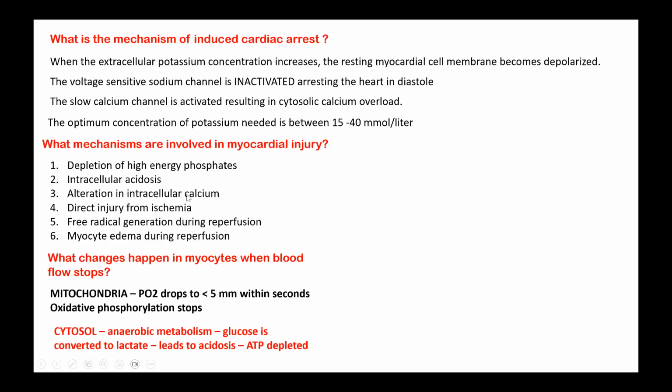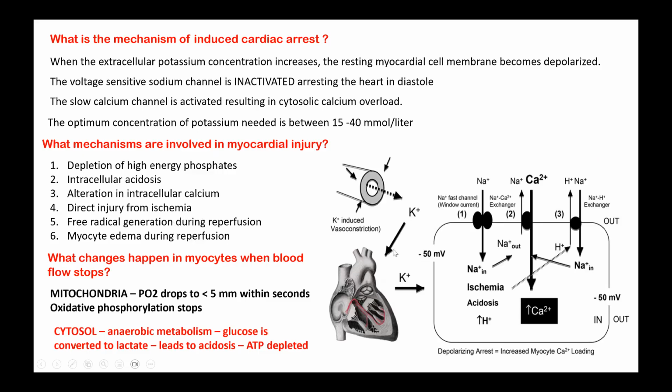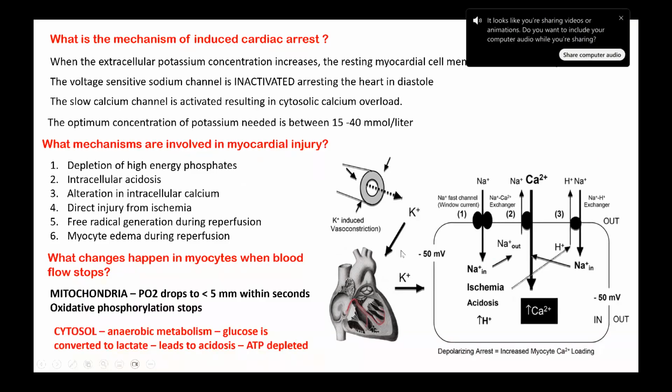And these are the things that will happen if you stop the heart: it will deplete the high energy phosphates, intracellular acidosis will happen, the intracellular calcium level will get altered, free radicals will be generated, and there will be chances of edema. This picture tells you the various things.